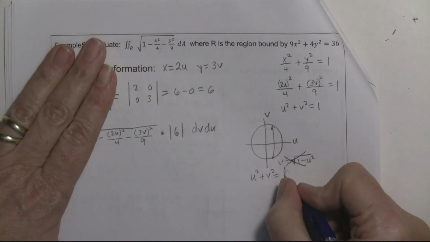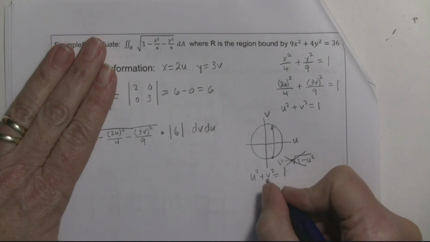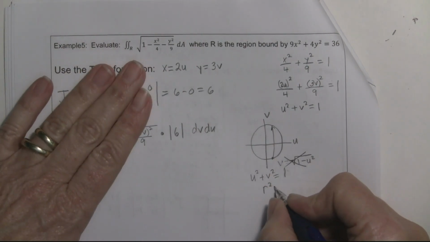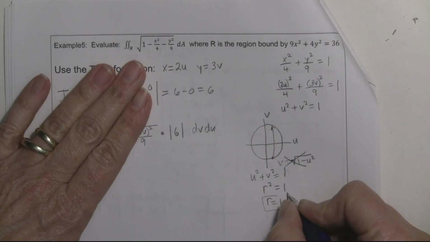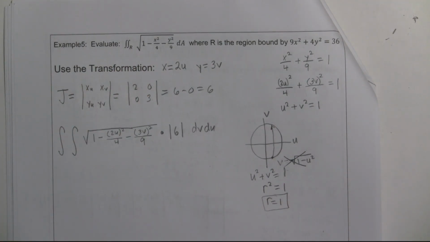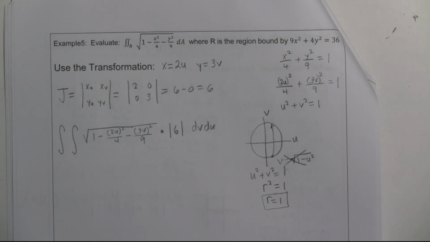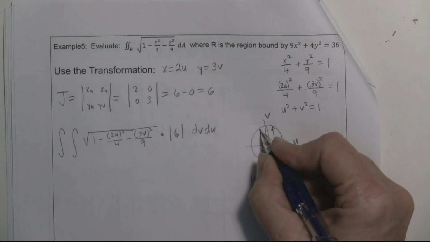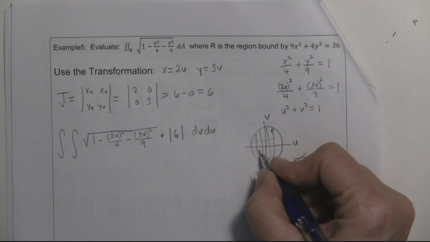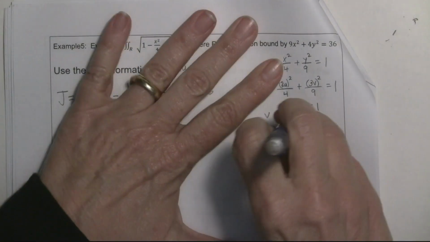An r. So that means r squared equals 1, and that means r equals 1. And remember, r is positive. So instead of getting all of the circle this way and then going back this way, that's not how we're going to do it.